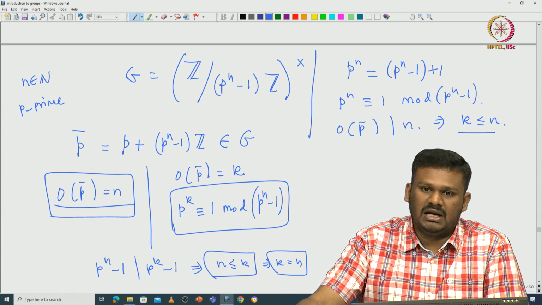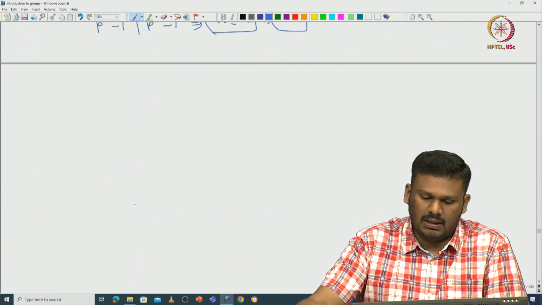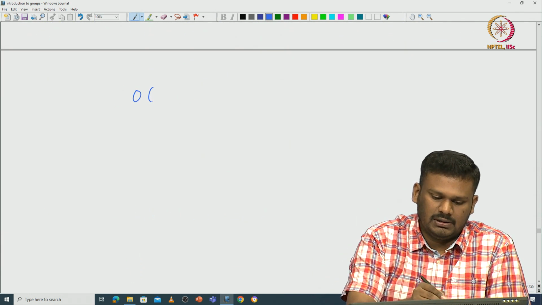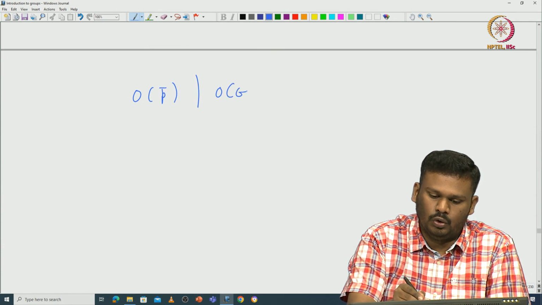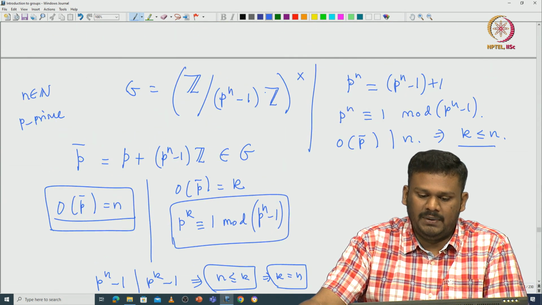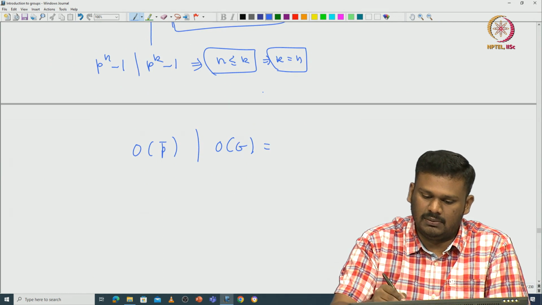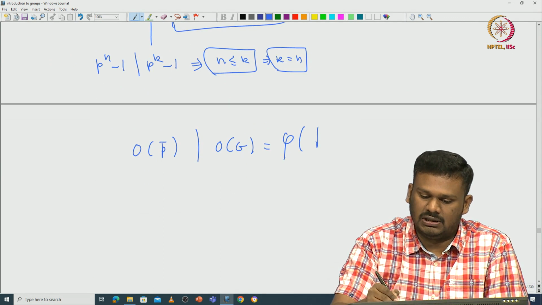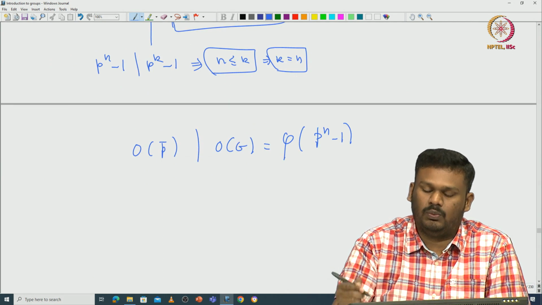Okay, what is the meaning of the order being n? The order of any element p bar must divide the order of the group, but what is the order of the group? It is Z modulo p power n minus 1 Z, cross, the group of units. The order of that is the Euler phi function applied on p power n minus 1.